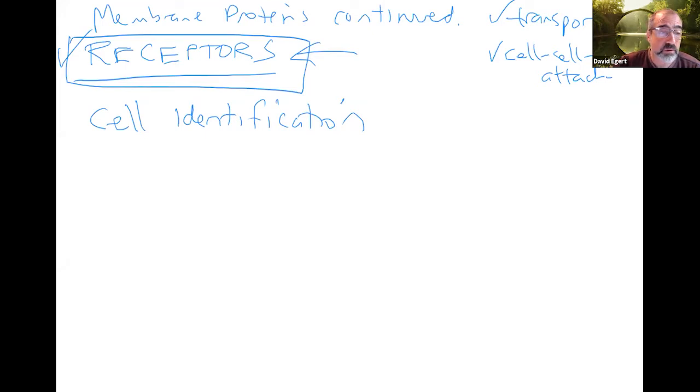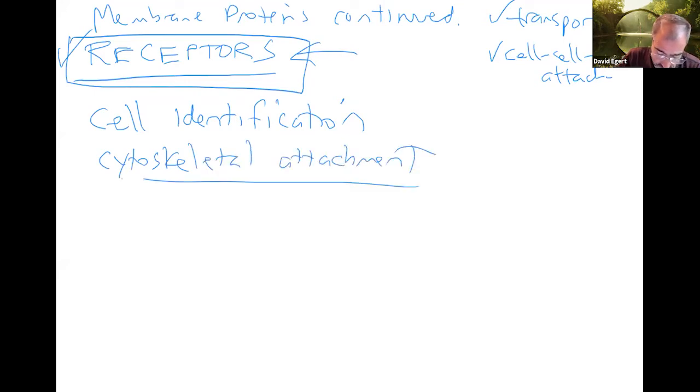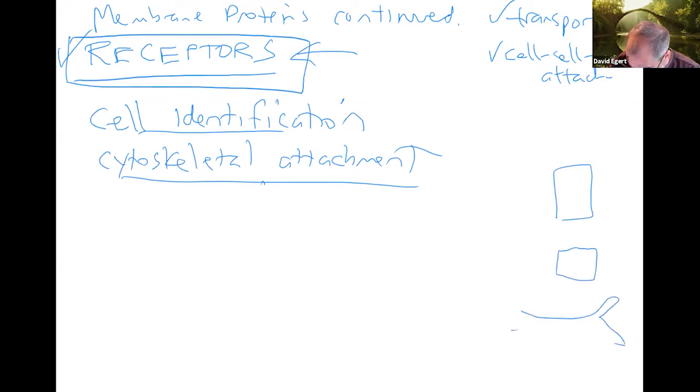But wait, there's more. Cytoskeletal attachment. That's going to be important. Cells hold their shape, right? Some cells look like that, some look like that, some look like that.